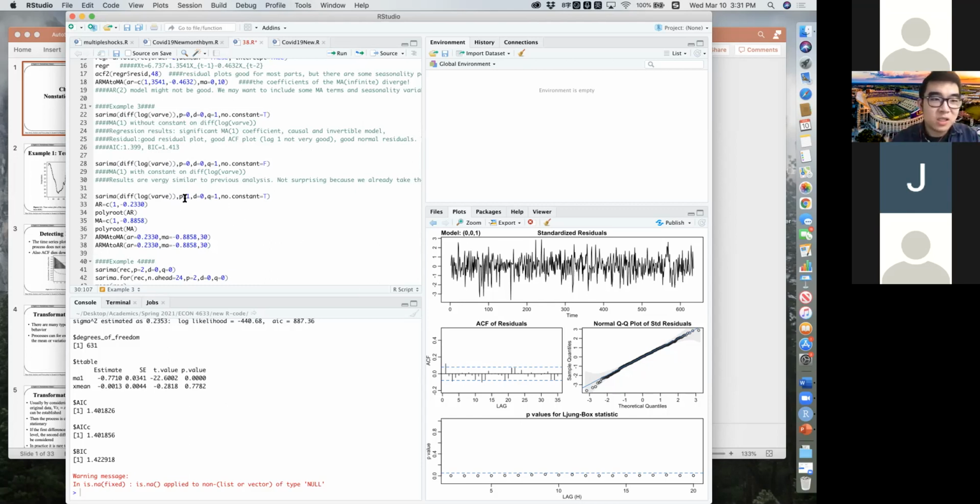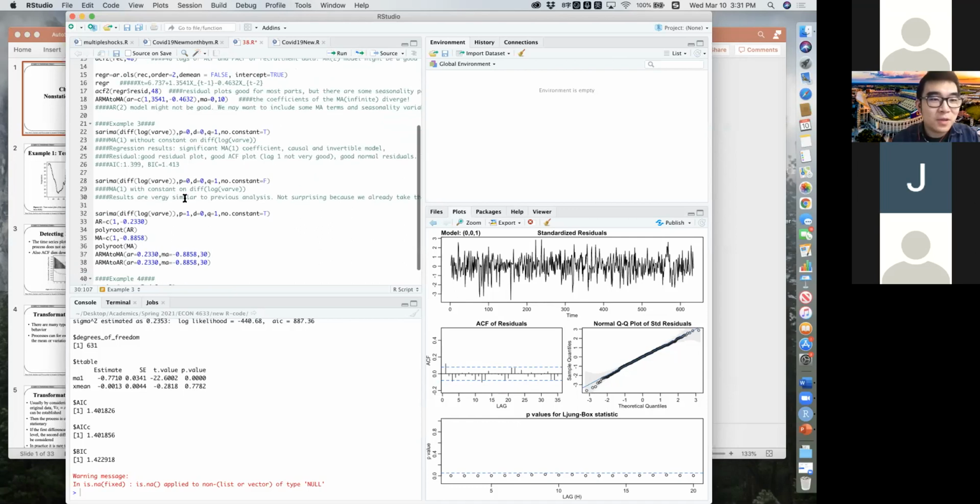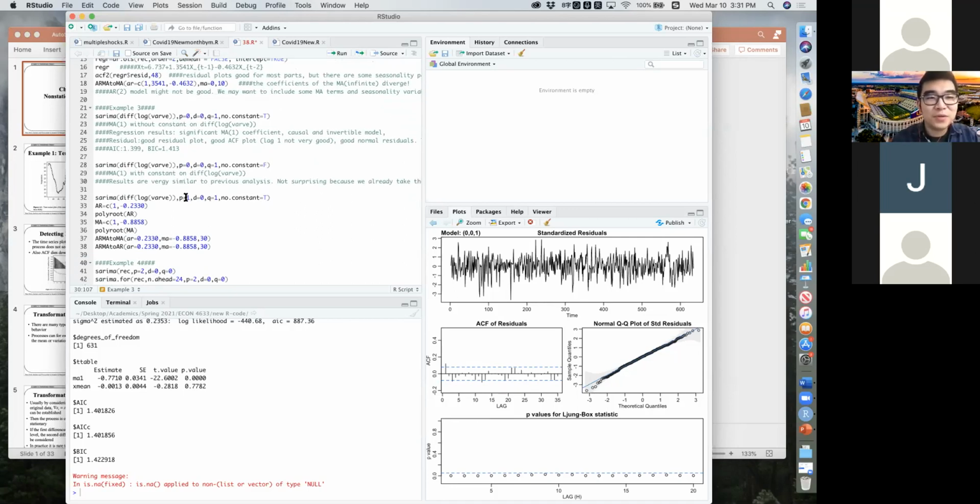So how about we just include more terms in this model? I consider an ARMA 1-1 model, without constant.